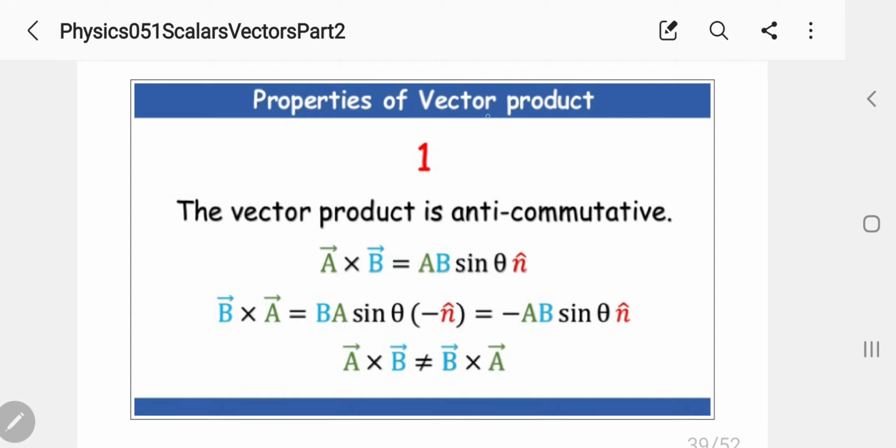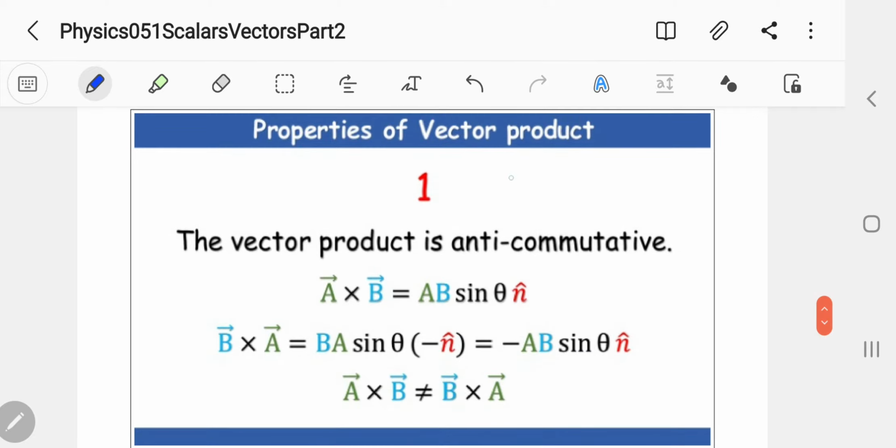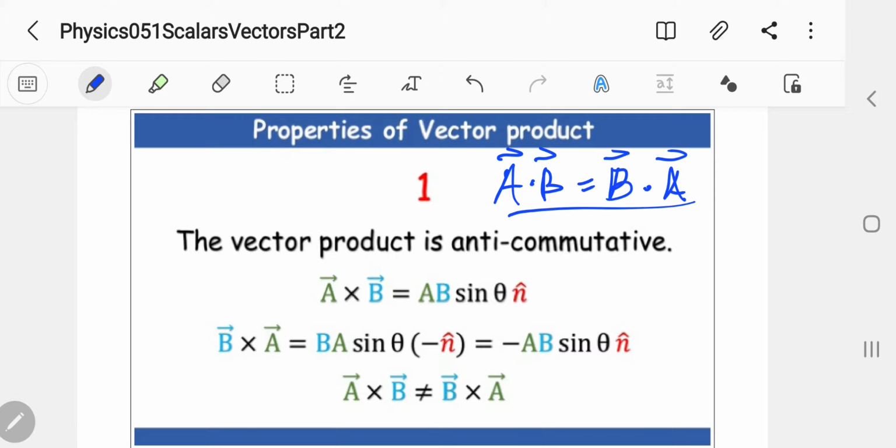Earlier we had A dot B is equal to B dot A for the scalar product, and this is commutative.